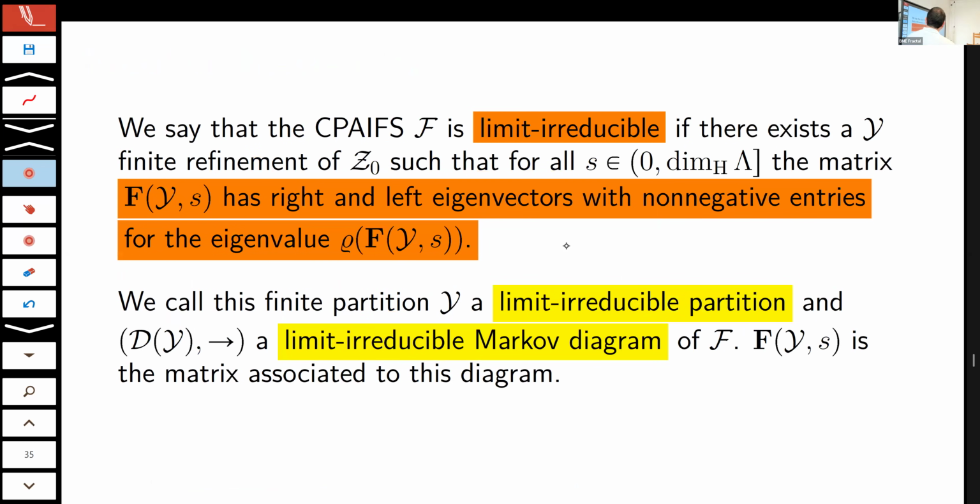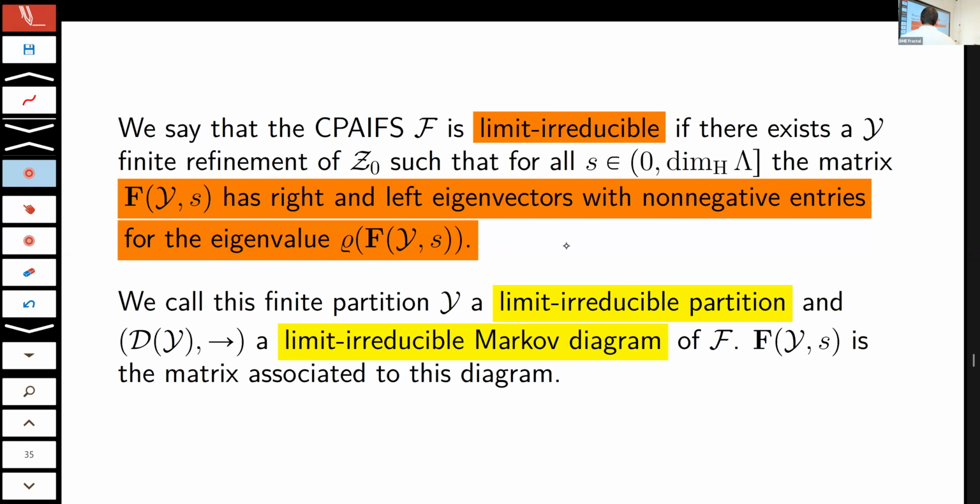We say that the system is linearly reducible if, for some refinement of the monotonicity partition, the corresponding matrix that I assign to the Markov diagram has left and right eigenvectors with non-negative entries for the spectral radius as an eigenvalue. We need to guarantee that we have these eigenvectors, and then we can do the approximation of the spectral radius. That's why we need this property.